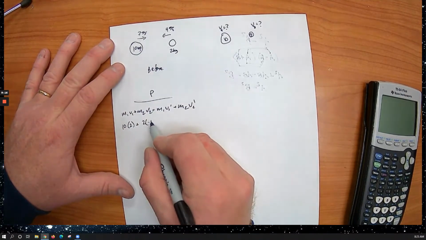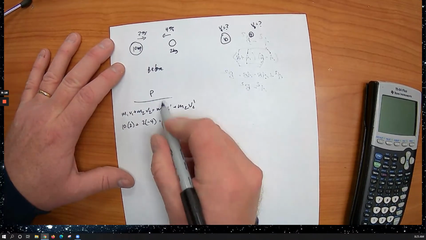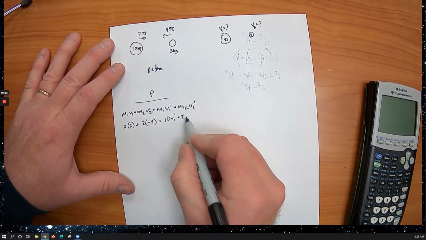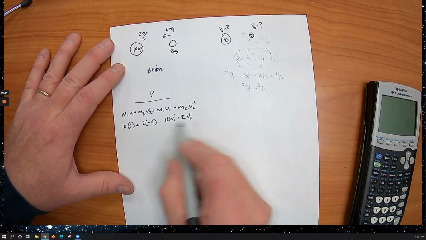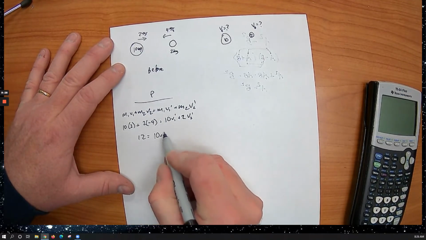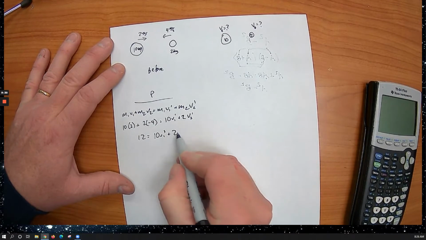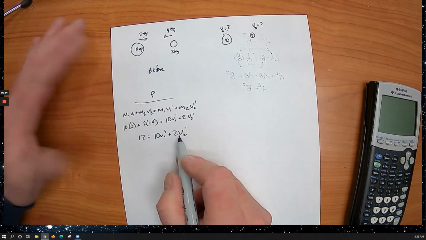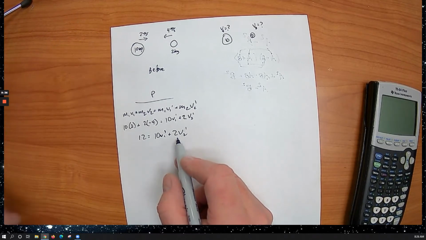So this is 2 times negative 4, and that's going to equal 10 times v1 final plus 2 times v2 final, like so. So this is 20 minus 8, 12 equals 10 v1 final plus 2 v2 final. Notice I have two unknowns, and you can't solve an equation with two unknowns unless you have a second equation.